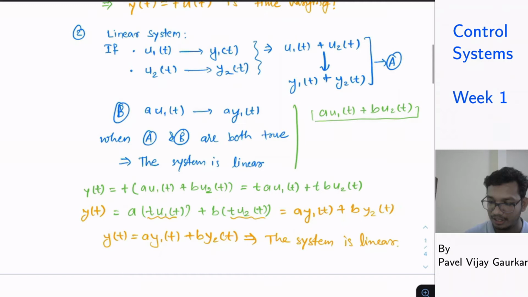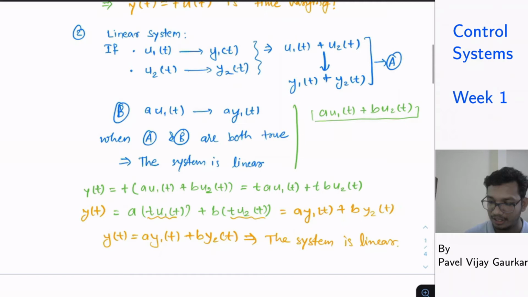So if you are giving the inputs u1 and u2, which result in outputs y1 and y2, then the summation of the same inputs, given as an input, will give an output that is the addition of the individual outputs. And if we multiply by a scalar and give that as the input, then the output will be multiplied by the same scalar. That is what we essentially checked here.